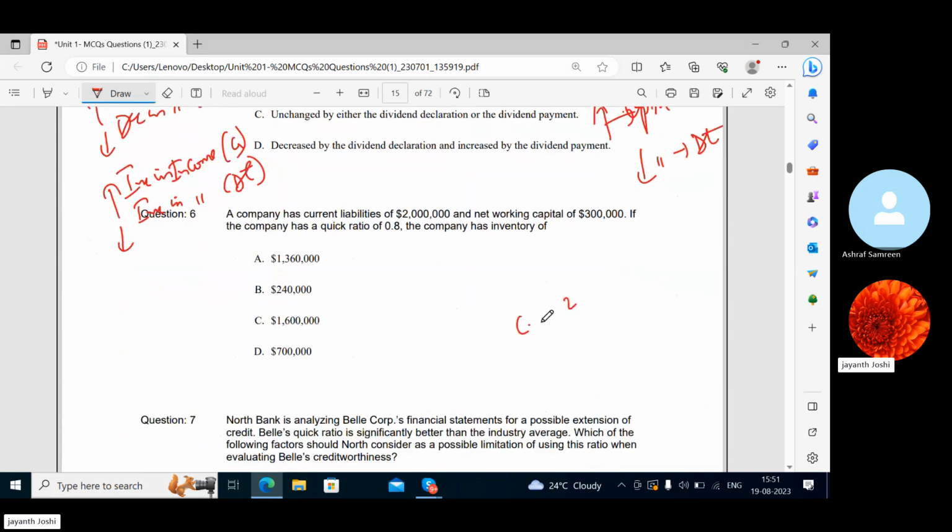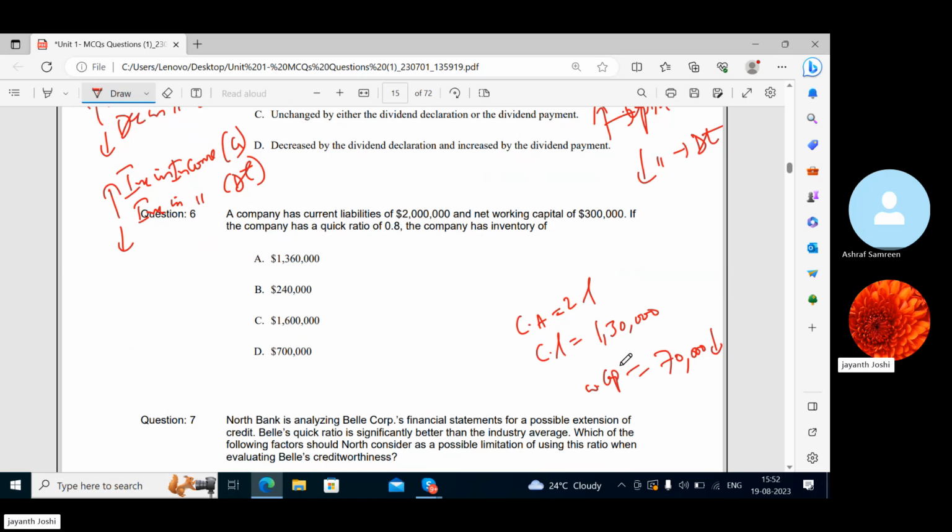So now my current assets are 2 lakhs and my current liability is 1,30,000 because a new liability has got added. So 2 lakhs minus 1,30,000 is 70,000. My working capital has decreased, right? So with dividend declaration, my working capital will decrease.